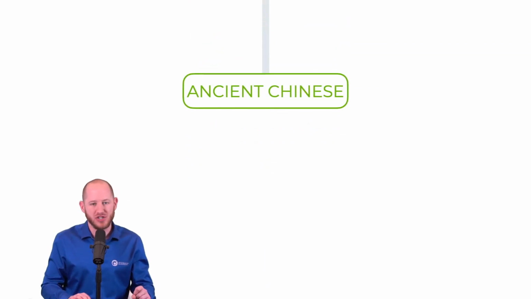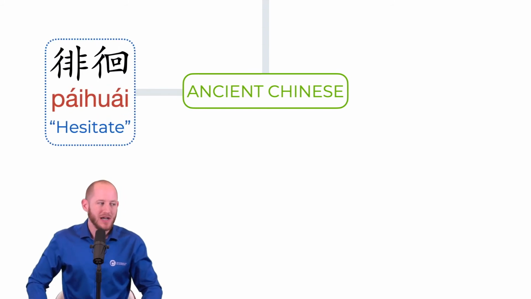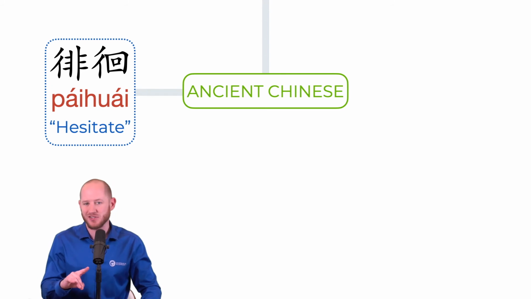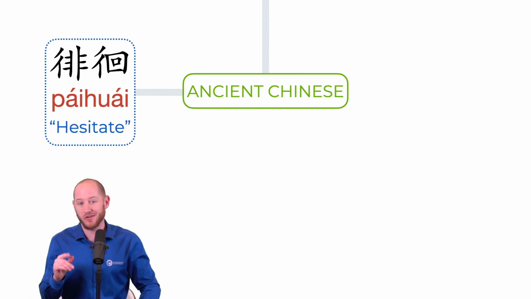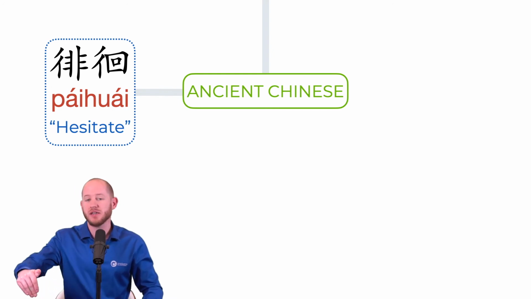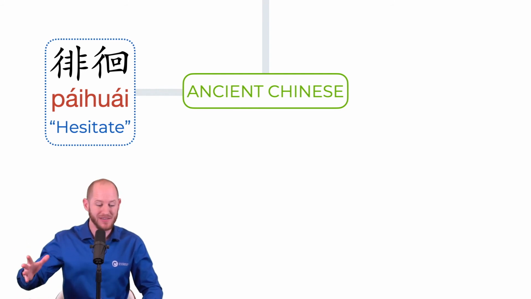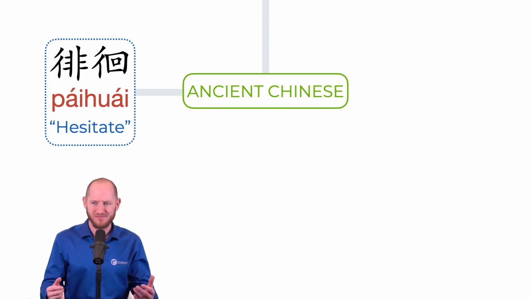The other is ancient Chinese. So, for example, the word 徘徊, these two characters cannot exist without each other. And while I can't confirm this, I suspect that the reason this started to happen is because ancient Chinese mostly had one character words. There was a long history of Chinese primarily having one character words as the only thing. And then you can imagine that eventually that would start to get a little bit confusing.